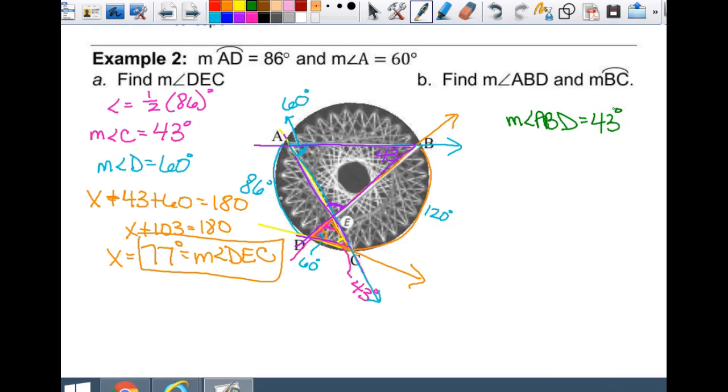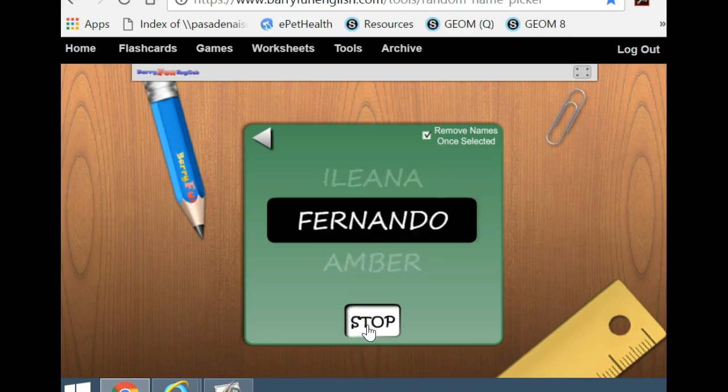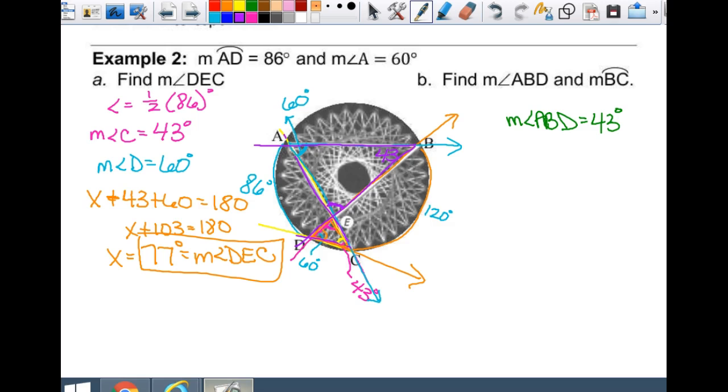Good. And then measure of arc BC. Joseph Zuniga, 120, because we had that labeled also. Measure of arc BC. But if we didn't, it would be an easy thing to find. Okay? Questions about any of that?